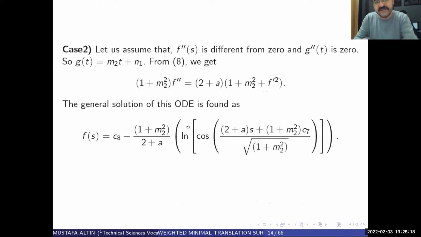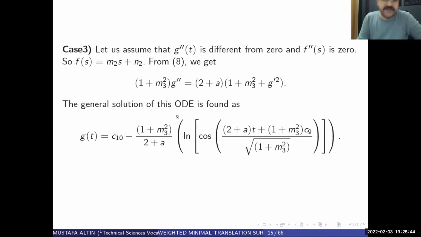Case 2: let us assume that the second derivative of f is different from 0 and the second derivative of c is 0. The second derivative of g is 0. In this case, we have this function.